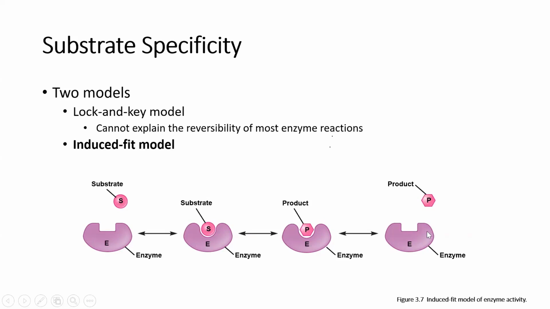Because now the enzyme is kind of shape-shifting itself to accommodate the substrate on one end, and then it will shape-shift itself to accommodate the product on the other end, okay? So this second model, the induced fit model, is much more favorable. It actually explains the bidirectionality or the reversibility of the enzyme in terms of the reaction, okay?